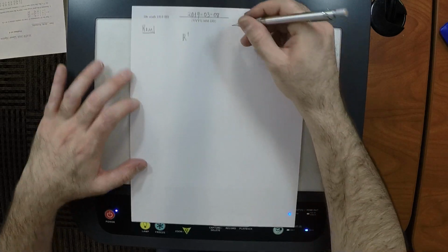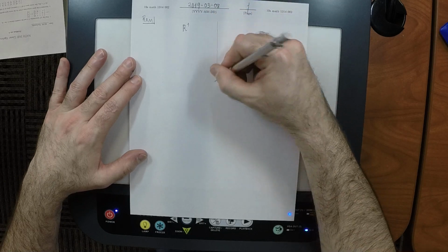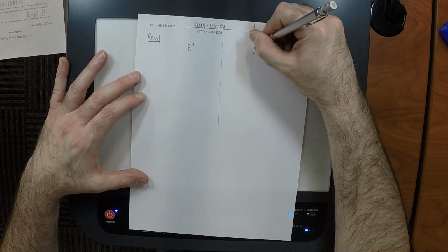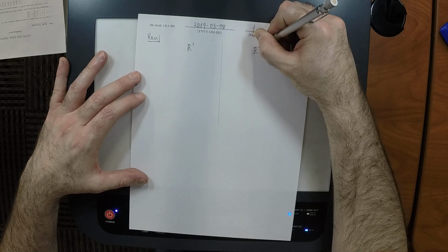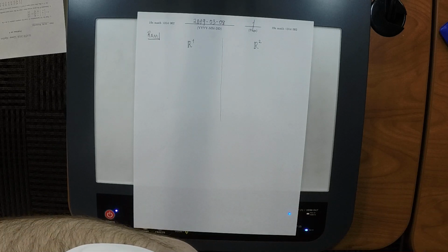So R1 on that side, R2 on this side. So we talked about comparing these two.